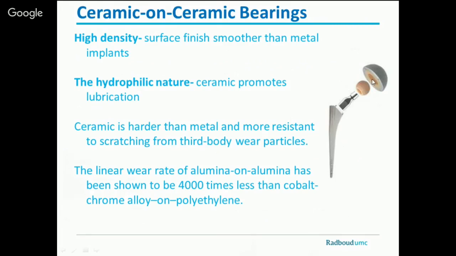But ceramic on ceramic is a very well articulating and very hard material, but it's also a little bit brittle. But it's a very good bearing surface. And it wears 4,000 times less than cobalt chrome on polyethylene, and then a metal on polyethylene. So it doesn't wear so much.